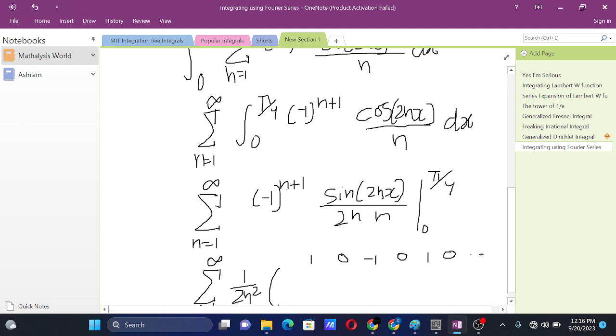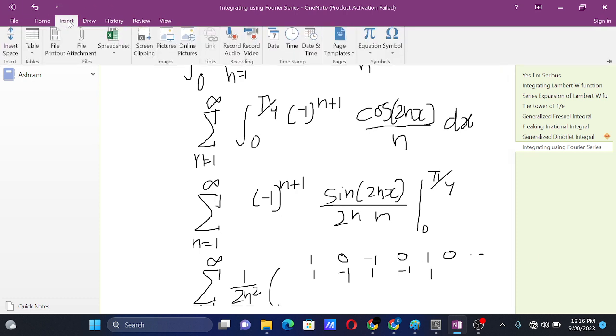And now this will be, at 1, this is 1 itself, here minus 1, again at 3 this is 1, minus 1, 1. So when we multiply this, we get 1, minus 1, 1, minus 1, and so on.